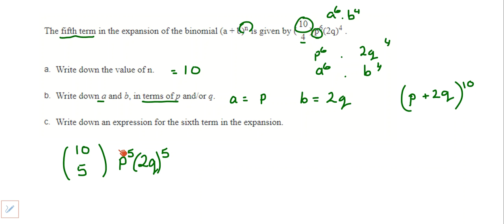They just ask for the expression. So we don't need to convert, because actually this is an expression for the 6th term. If I were to convert that to an actual number and simplify, that would give me the actual term rather than an expression for the term.